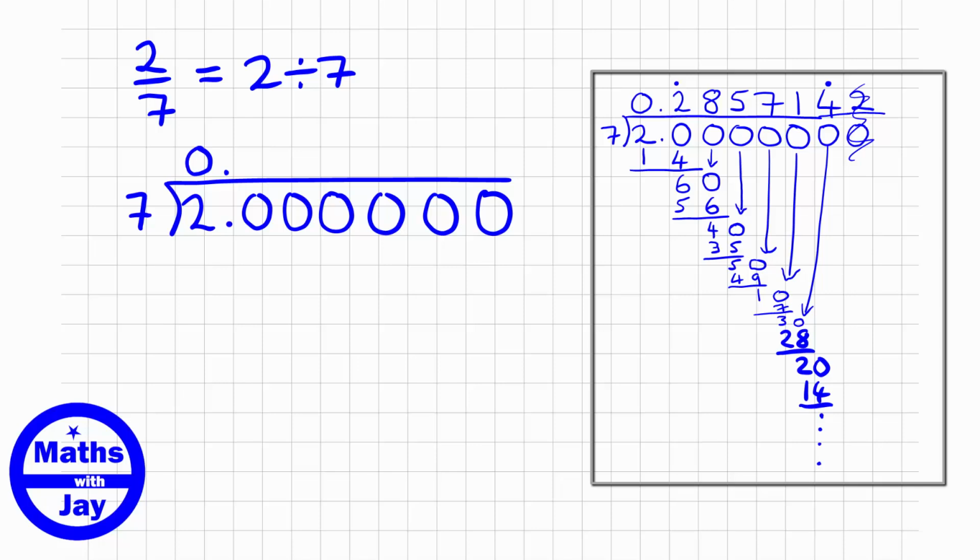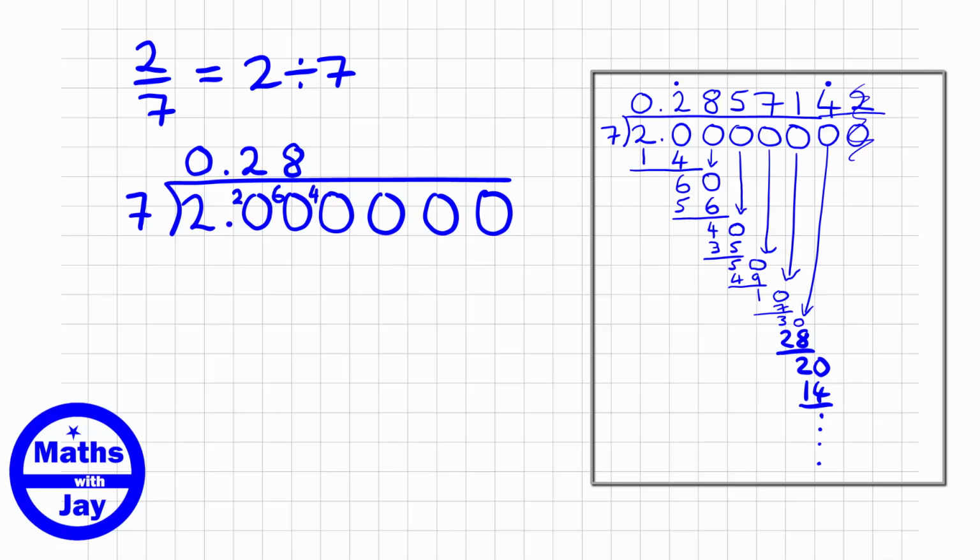And then I can bring that little 2 up here. So I'm dividing 7s into 20, well, 7 goes into 14 twice. And 14 away from 20 is 6. So 7's into 60 goes 8 times. 8 times 7 is 56. So 56 being taken away from 60 leaves the remainder of 4.